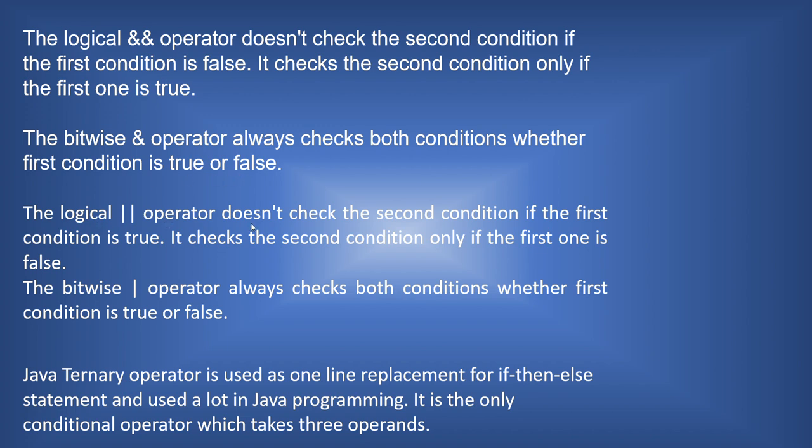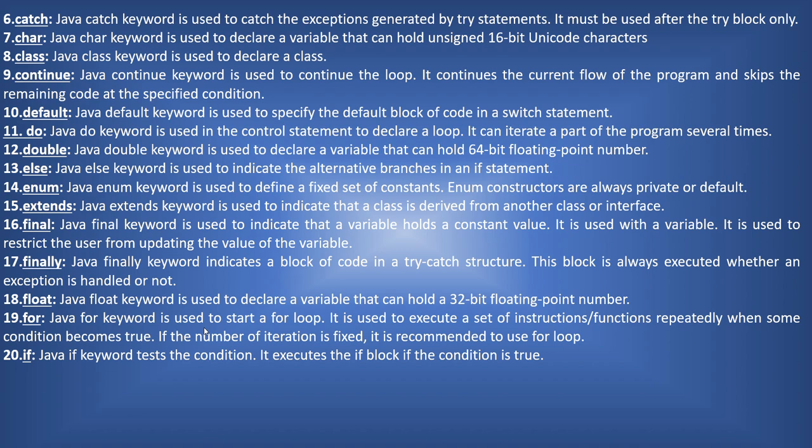The logical OR operator does not check the second condition if the first condition is true. It checks the second condition only if the first condition is false. Then the bitwise OR operator always checks both conditions, whether the first condition is true or false.